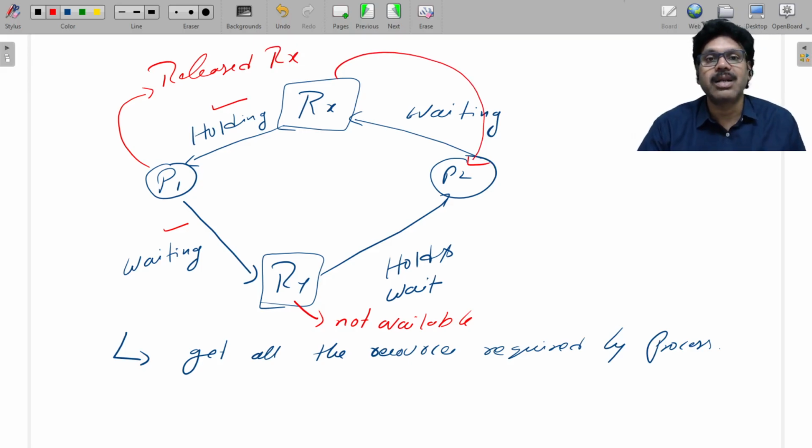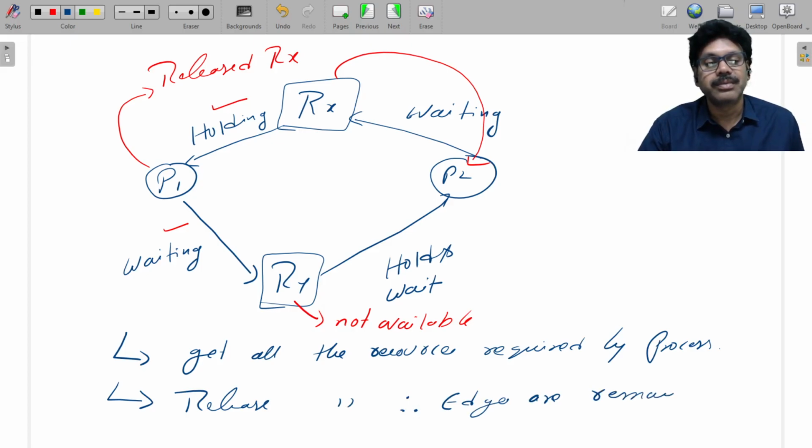Otherwise P2 is waiting. So don't wait; release, and Ry can be given to P1. Either you get all the resources for successful execution, or if you are unable to acquire any one, you release all of them. When you release all the resources, the edges are removed, and there is no hold and wait.